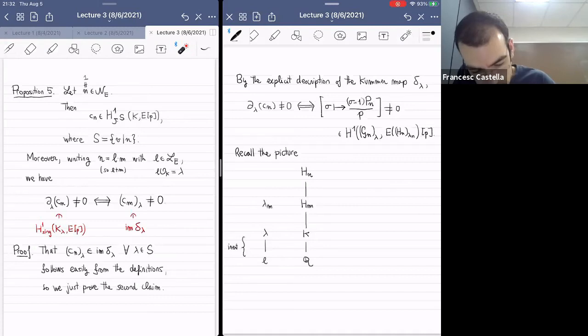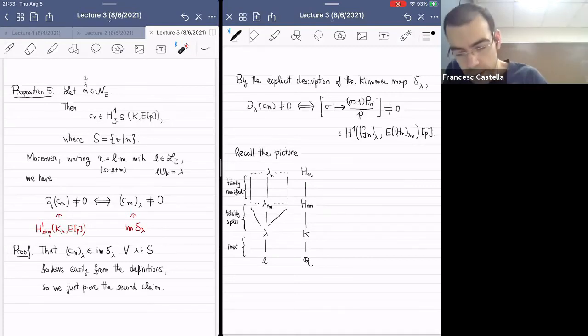Then this is totally split. Or split completely. And here is totally ramified. Yes, so this Hn is just a completion.